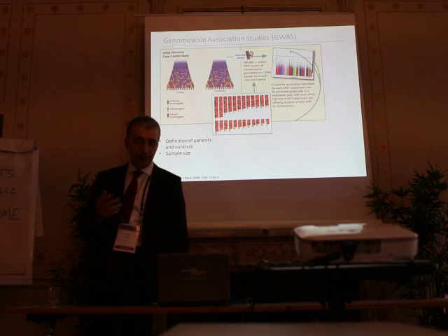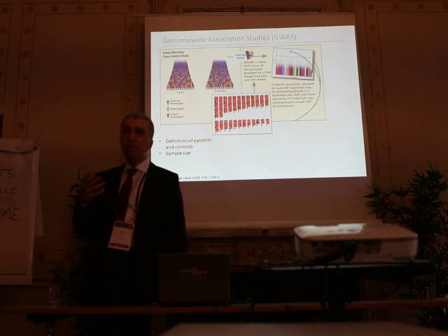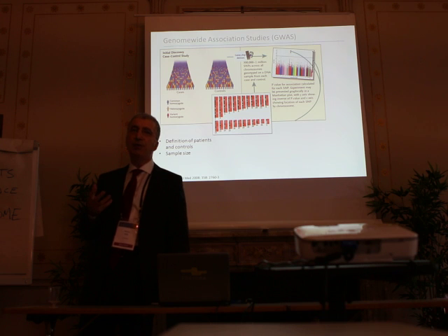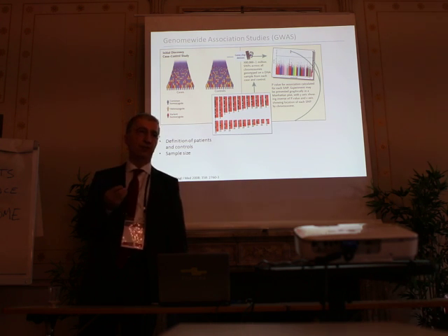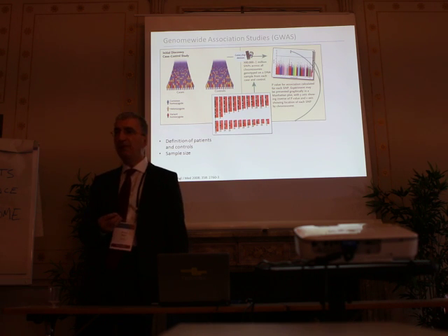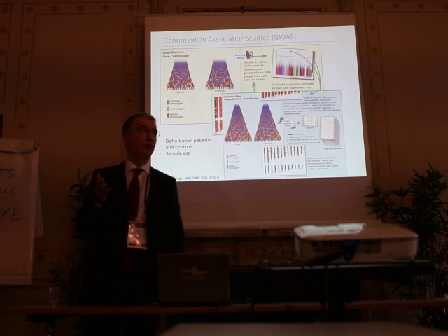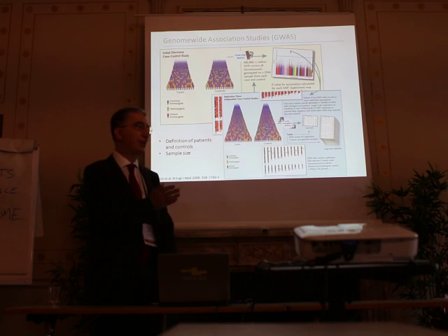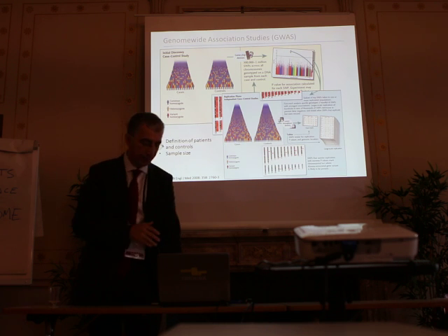And today I discussed the new method to identify genetic association findings, which is called Genome-Wide association studies, which requires thousands of patients and matched controls, and also another set of patients and controls to confirm the findings you identified in the initial discovery set.